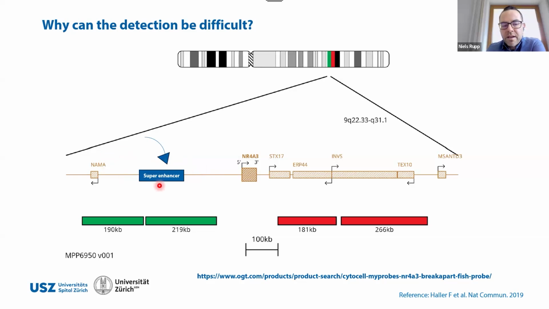And this is important, as this is in the intronic region here, so we cannot detect these alterations or fusions with an mRNA-based test, because we can only cover the NR4A3 gene itself, but not this enhancer region. When these enhancers translocate upstream of the NR4A3 gene, it leads to a strong upregulation of the NR4A3 mRNA and also of the protein.